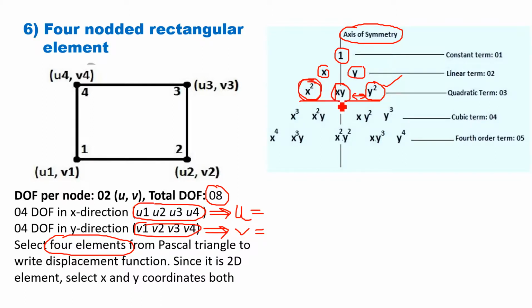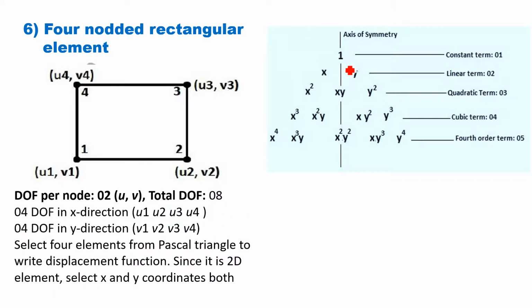If you select xy as the 4th element, now if you see on both sides, a similar number of elements will be present, that is 1, 1, x square and y square. It means if you select xy, the axis of symmetry will be maintained, and that's why the 4th element will be xy. So which 4 elements do we select from the Pascal triangle? 1, x, y and the 4th one is xy.